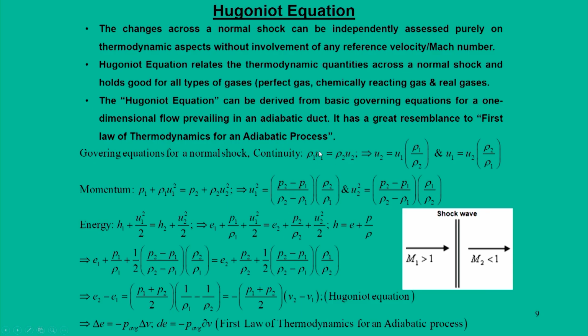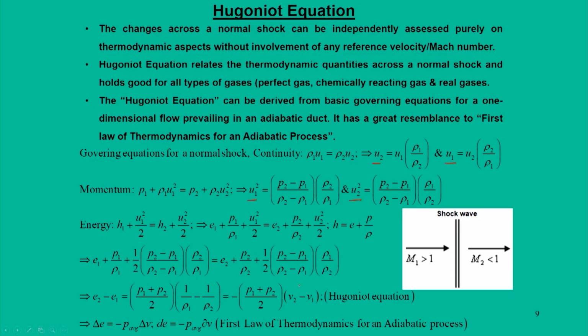From the continuity equation we can independently find the velocities u2 and u1. From the momentum equation we can find u1 square and u2 square, and from the energy equation we have u1 square and u2 square, and we put these in the energy equation.